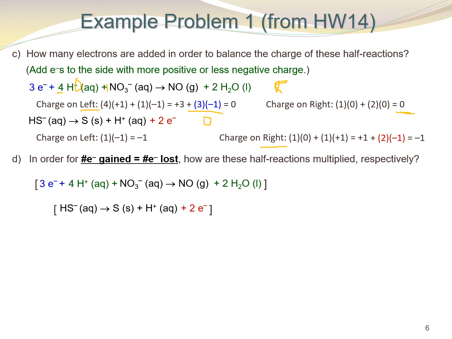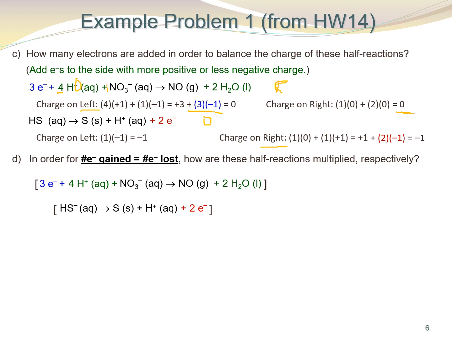Remember, there are 3 tasks for us to balance a redox reaction. First, balance atoms by adding H plus, water, or OH minus and water. Second, we need to balance charges by adding electrons on one side of a half reaction.